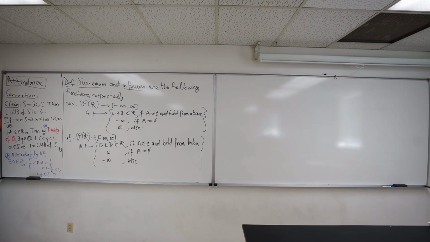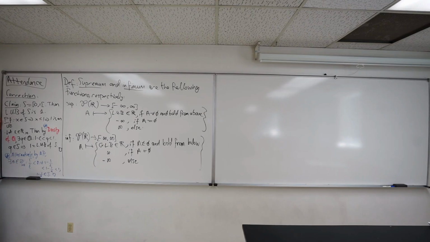What I could have done is actually use the Archimedean property here, but then the rest of the argument would be slightly different, because the Archimedean property says, given any real number, there is some integer that exceeds this real number. And so instead of invoking density of rationals, I could have alternatively invoked the Archimedean property, which says that there is some integer n greater than 1 over epsilon.